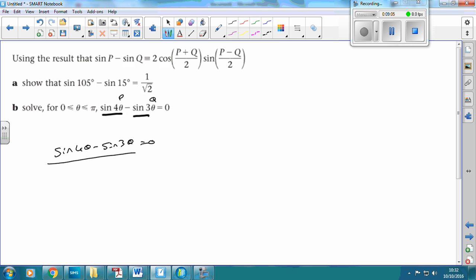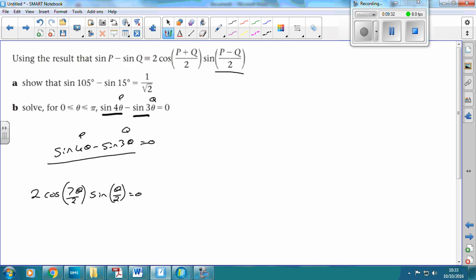We can replace this with 2 cos p plus q divided by 2. That's going to be 7 theta over 2. Sine p minus q over 2. So sine of 4 theta, take away 3 theta, so that's going to be theta over 2 equals 0.